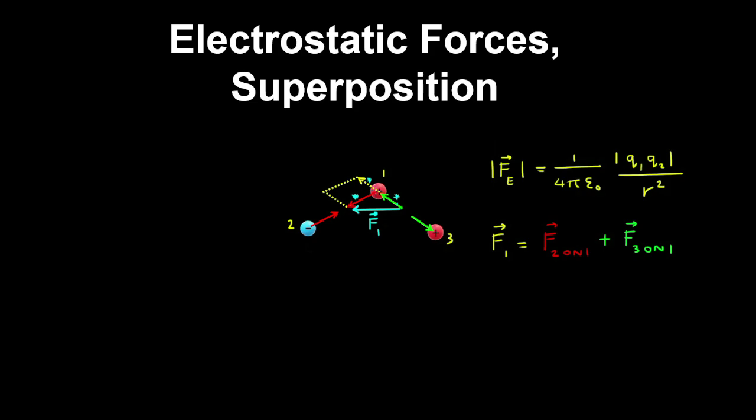And therefore the net force acts from this point to the opposite end of the parallelogram. So we can see that the net force exerted on charge 1 has the same magnitude and direction using both methods of vector addition.